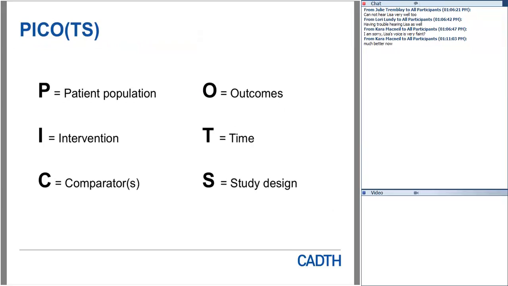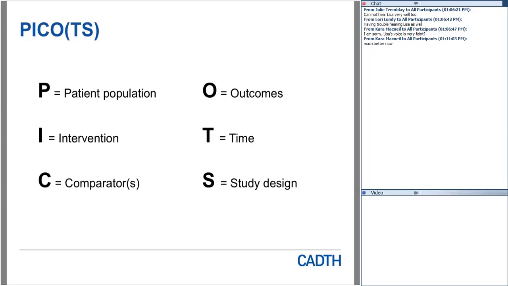Say you were interested in finding out whether or not dental appliances helped people with obstructive sleep apnea. Were these actually effective interventions? So your patient population is adults with obstructive sleep apnea. Your intervention is oral appliances.